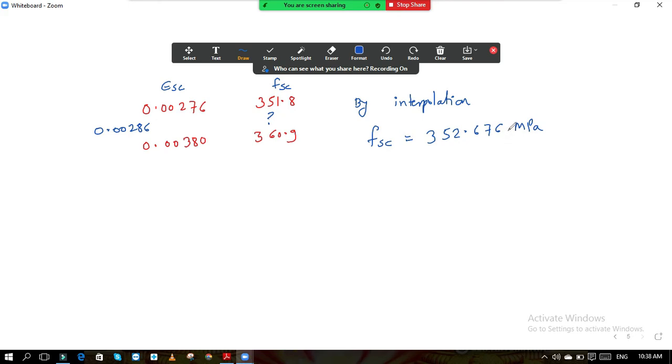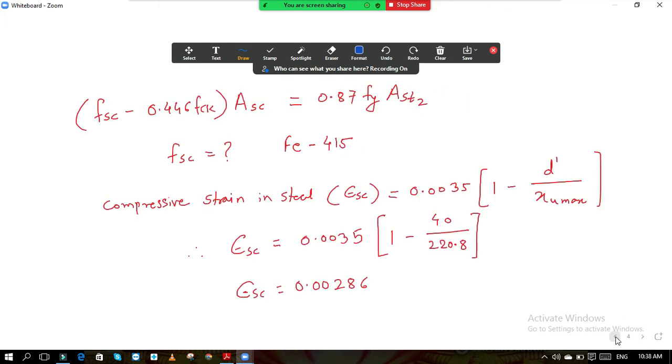Now we use this equation which we have written over here. So here, if you see, FSC minus 0.446 FCK, ASC equals 0.87 Fy into AST2. Now from this equation we will get the value of this AST2. Previously there were two unknowns. We were not knowing the value of FSC and we were not knowing the value of AST2.